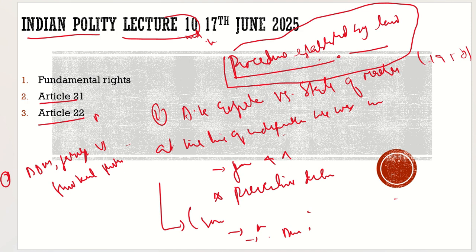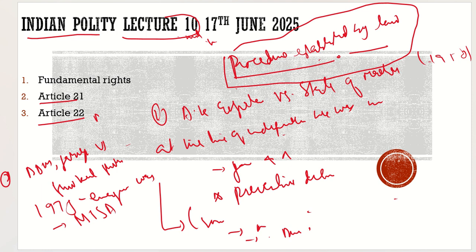Here what the case is, basically in 1975, we know how emergency was imposed, and when the emergency was imposed, a law was introduced which is named MISA. What is this MISA law? It is the Maintenance of Internal Security Act. Under this law, whoever is arrested under MISA cannot approach the Supreme Court under Article 32.